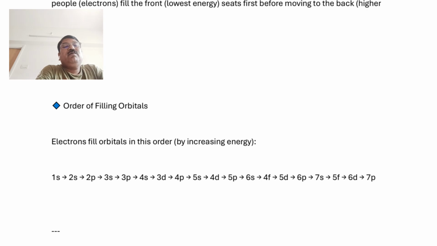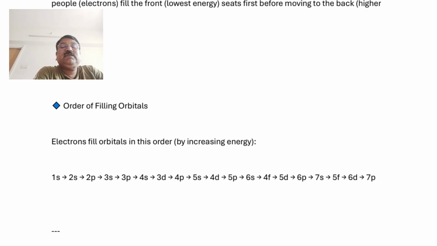See the diagram: 3d, s, p, d and f. This is the sequence of increasing energy of atomic orbitals. S is having the lowest energy and f is having much higher energy. And so, according to the above principle, electrons always enter the atomic orbital which is having lower energy, starting from 1s.